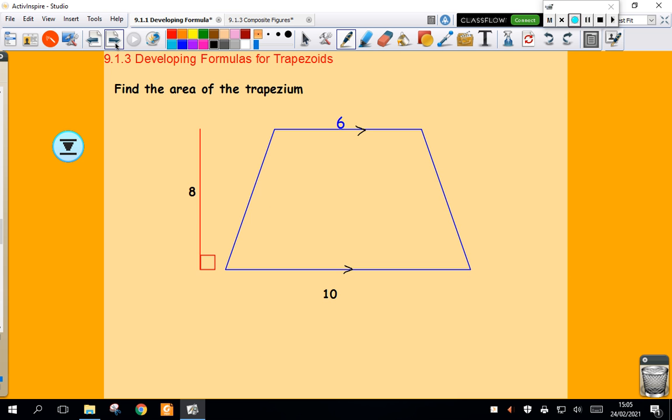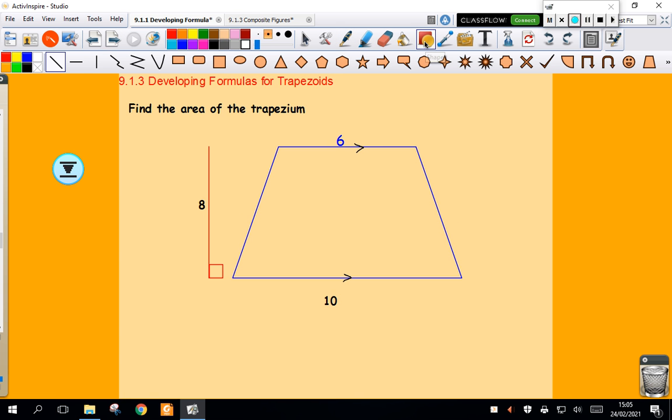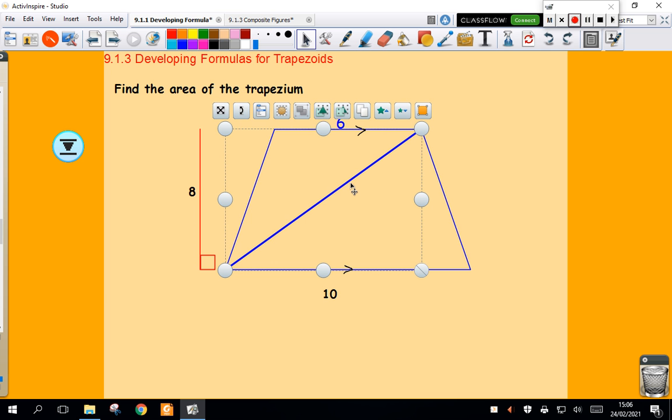When it comes to trapezoids, where we have exactly one pair of parallel sides, every trapezoid can be split up in this way. If we draw a diagonal from one corner straight up to another corner, we have split our trapezoid into two non-congruent triangles. Those triangles will not be congruent.